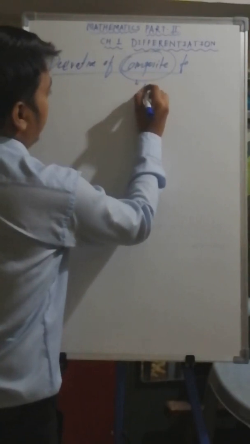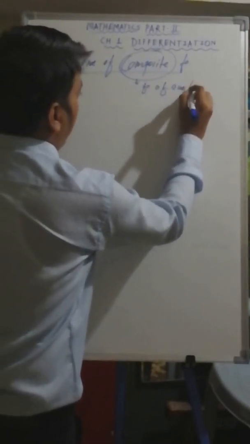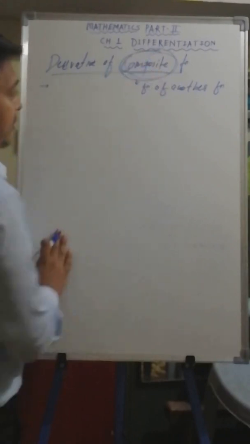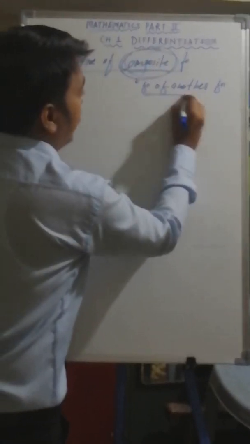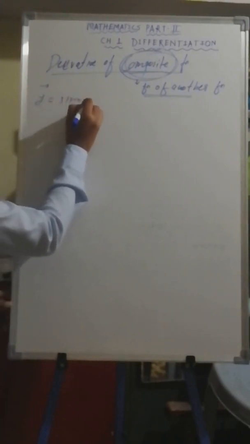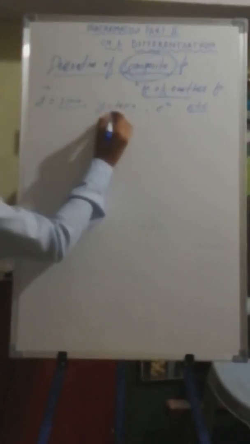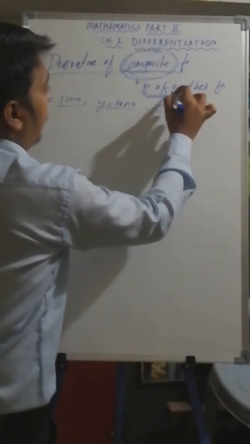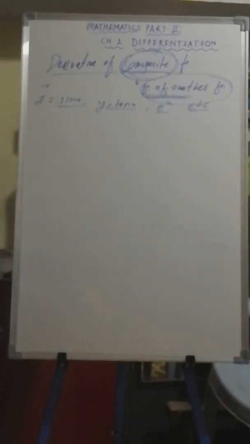The important word is composite. What is composite? It is a function of another function. If we take a simple function, y equal to sin x, y equal to tan x, or e to the power x, etc., these are simple functions. But in a composite function we take a function of another function, right?